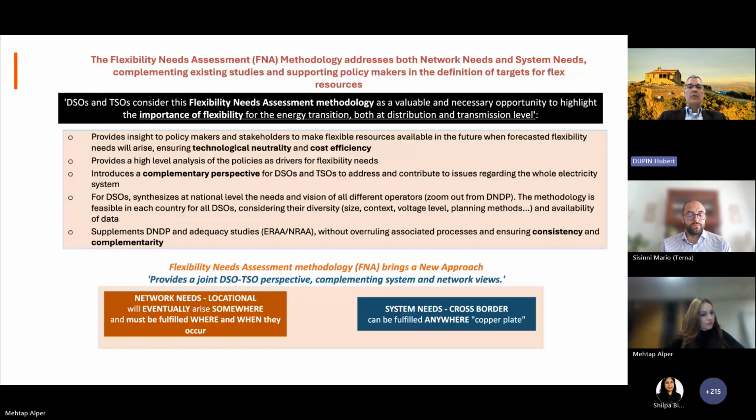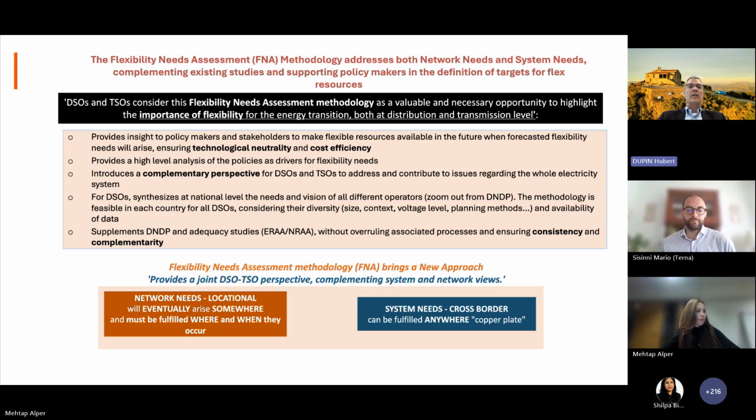Why is it important for us? First, indeed, that's the purpose. This methodology is not an engineering report. It is to provide data and analysis to enable to get all the flexibility we need. It is important to say that this methodology ensures that we keep technological neutrality. We do not favor any technology over the other.